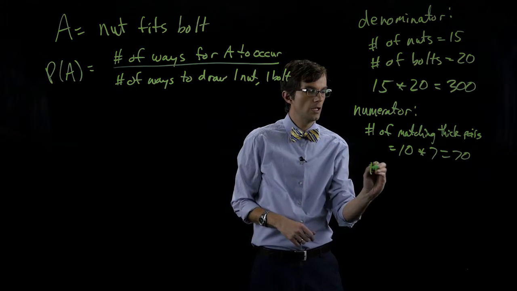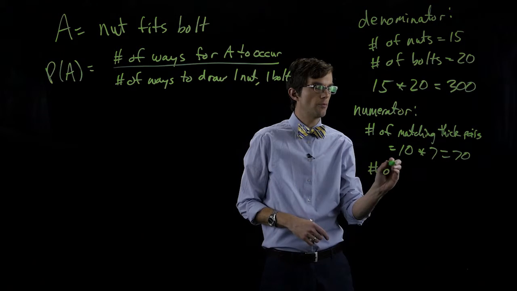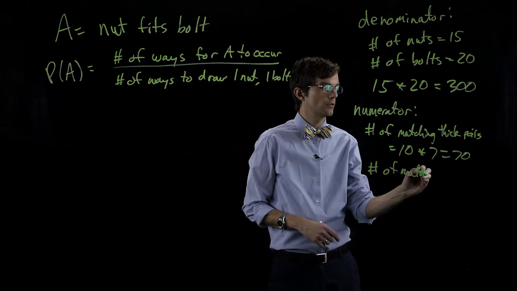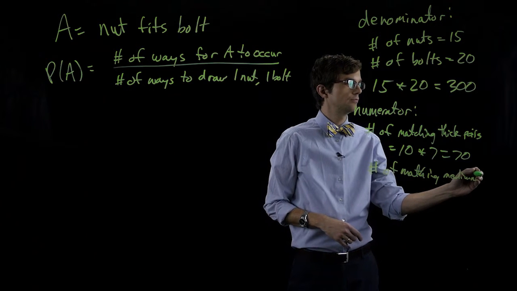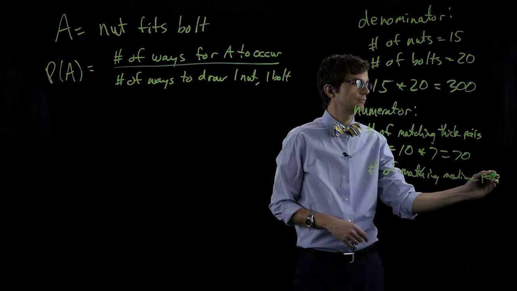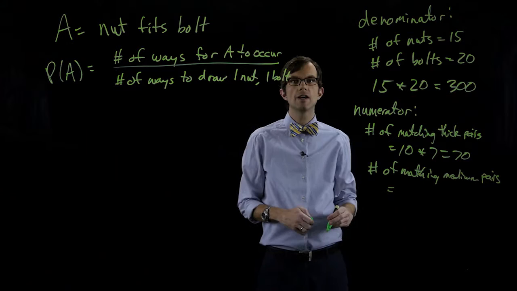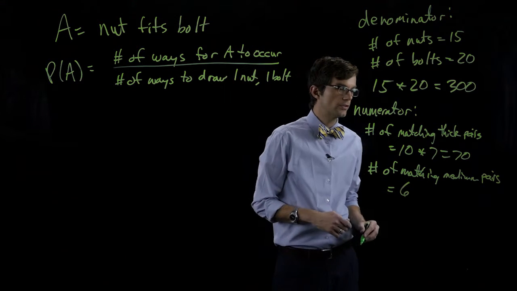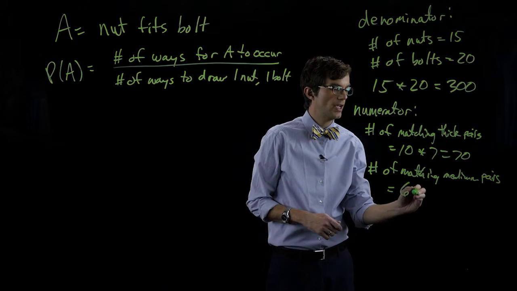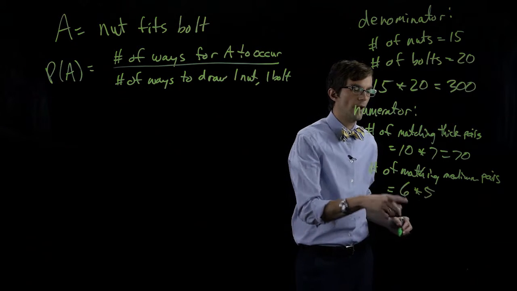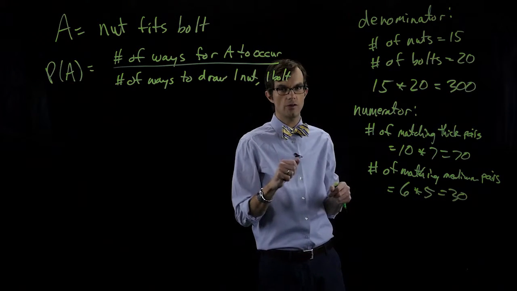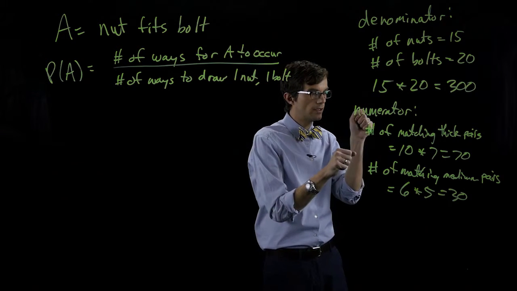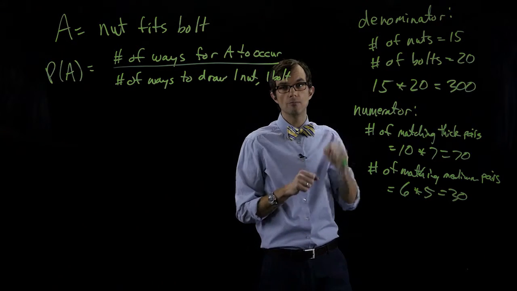Let's now think about the number of matching medium pairs. We said that there were 6 medium bolts and 5 nuts that match those medium bolts. So we have 30 different ways to pick out a medium bolt and a matching medium nut.